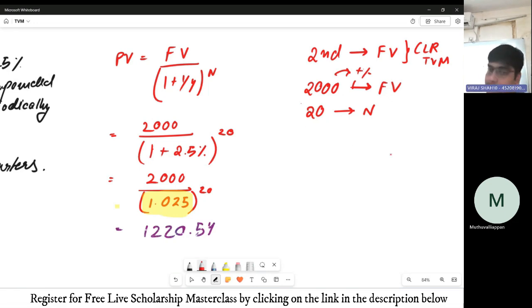This is the number of compounding periods. I by y is 2.5%, 2.5, enter it as I by y.